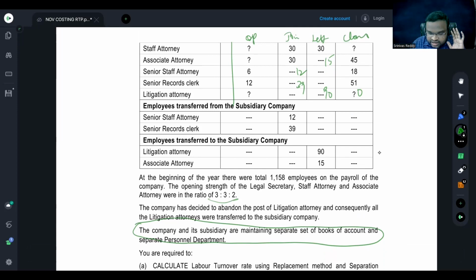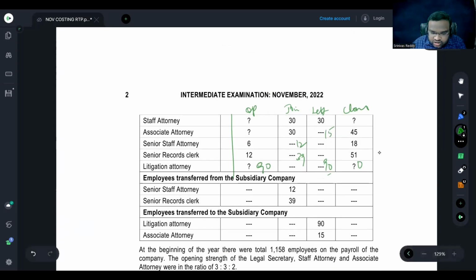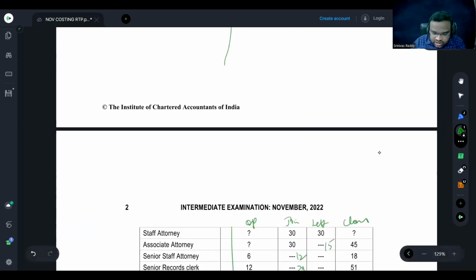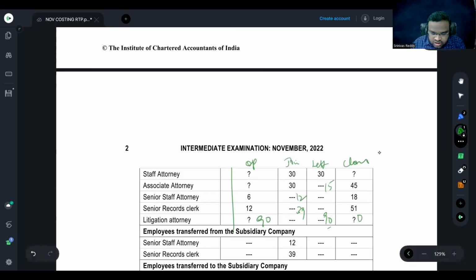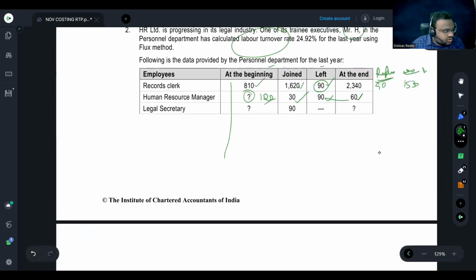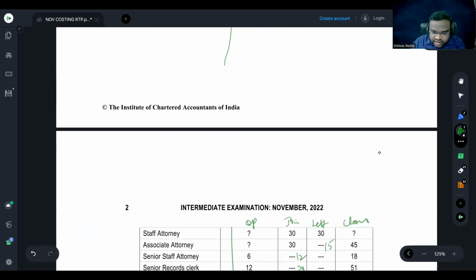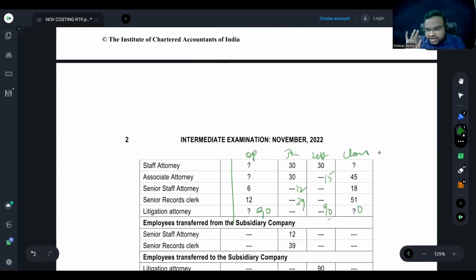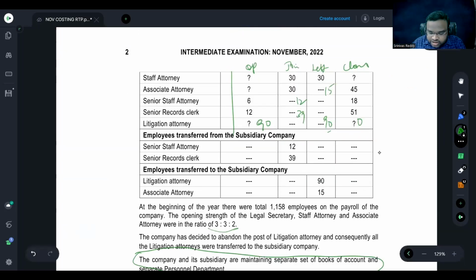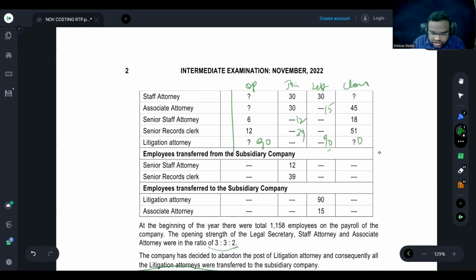Now, please understand that there are no joinings in litigation attorney. Left is 90. Opening should be equal to how much? 90. Now, if it is 90, I know my total opening of employees: 810 plus 120 plus 6 plus 12 plus 90 should be equal to how much? 1158.